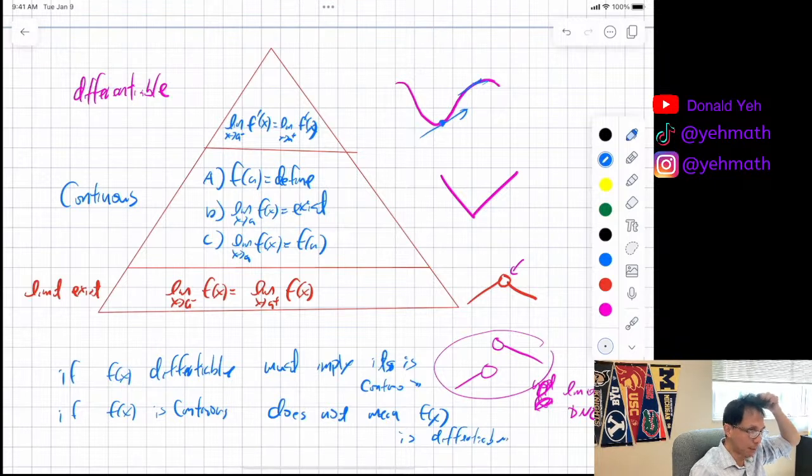Sometimes on the AP exam, if you recognize that, you can get a lot of easy points, about 3 total, because you cannot build the top part of a pyramid without the bottom part, but you can have the bottom part without the top part. That's why I build it as a pyramid structure.